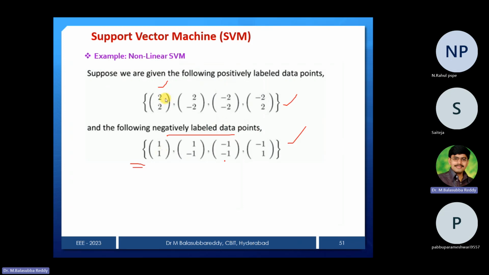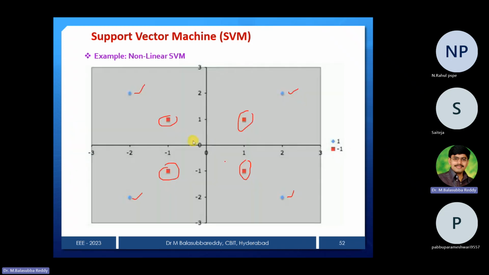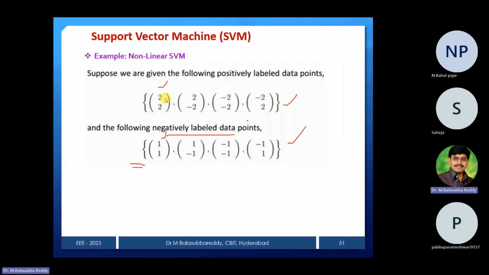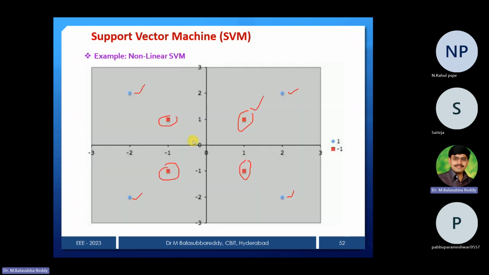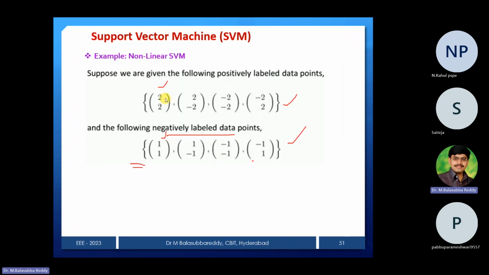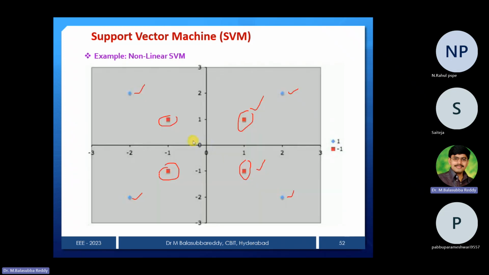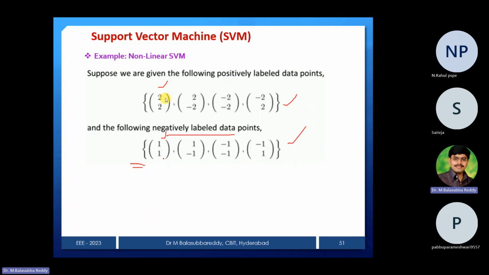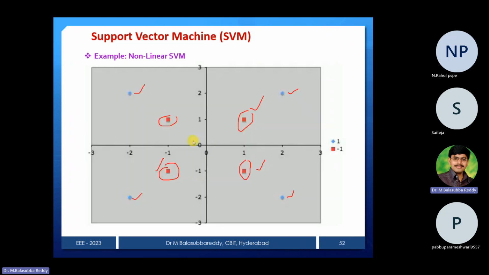What is the 1 1 point? This is the 1 1 point. Another point is 1 minus 1. The third point is minus 1 minus 1. And the fourth point is minus 1 and plus 1.